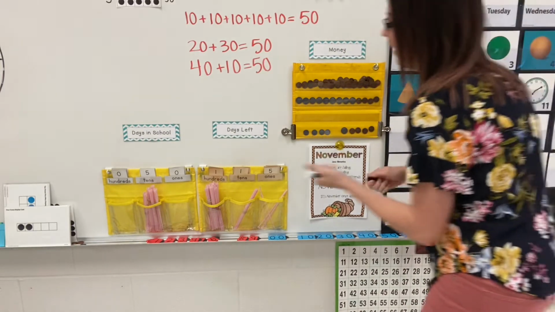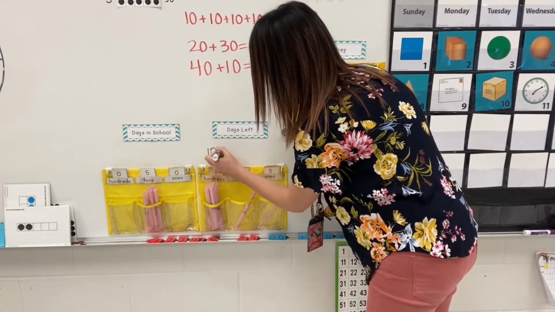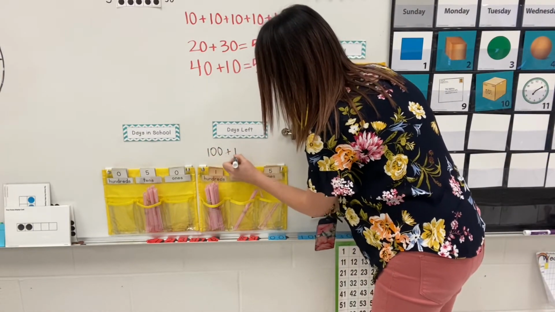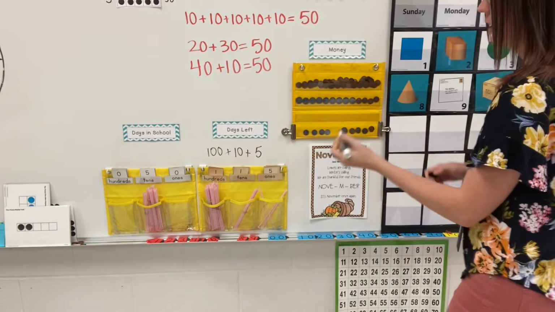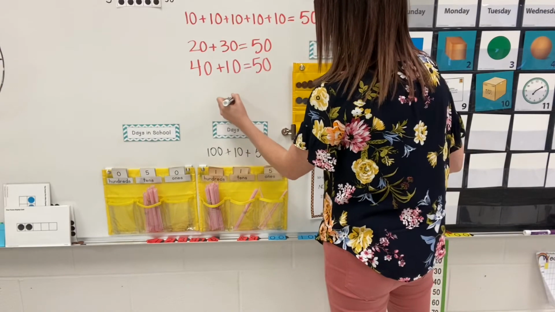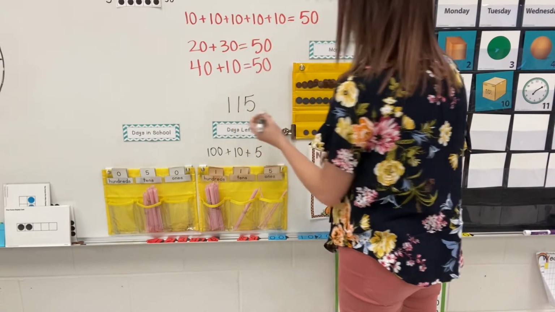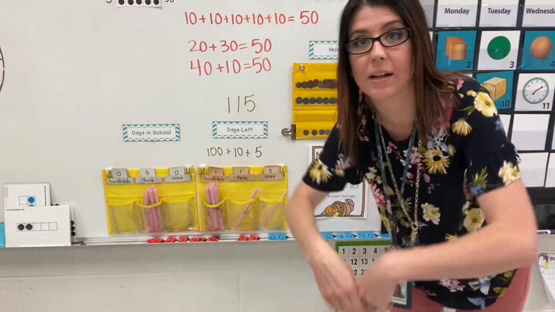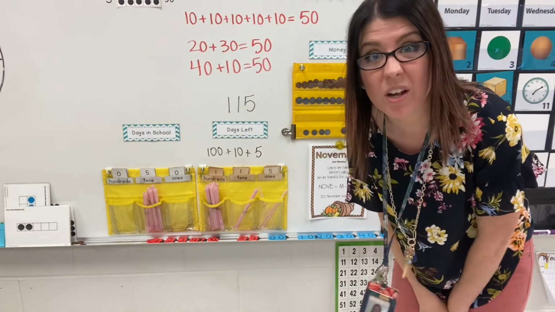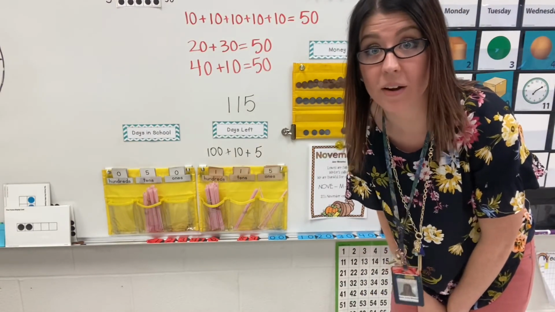I have a bundle of 100. I have 1 group of 10. And I have 5 1s. And together that makes 115. If we took all those straws out and I made you count them all, you'd have to count all the way to 115. Yikes, right?